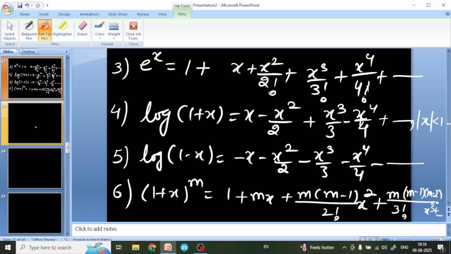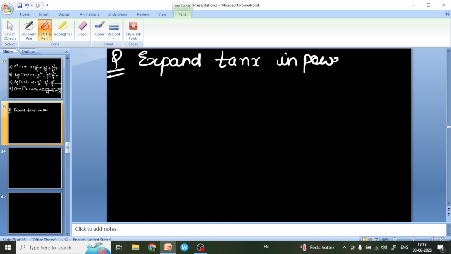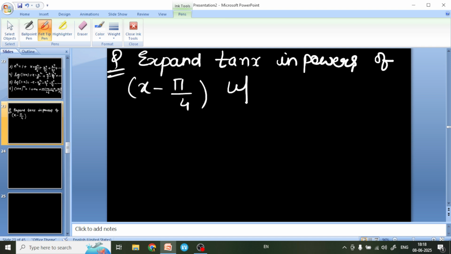For example, we have given a question like this: expand tan x in powers of x minus pi over 4 up to first 4 terms.